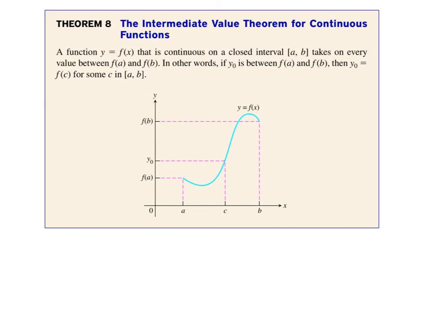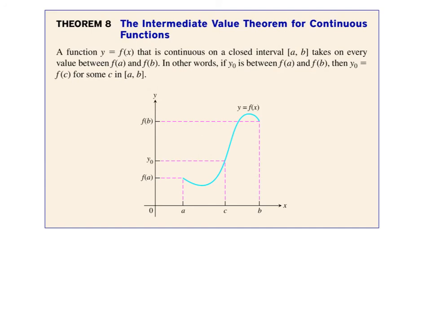That y naught, shown in this graph here, you have to reach it at some point. That's what happens with a continuous function. It never jumps, you never skip anything. If it's continuous along this interval, then you hit that somewhere.